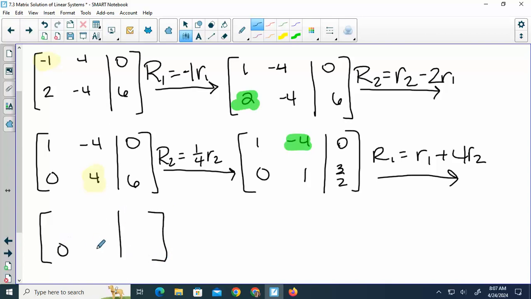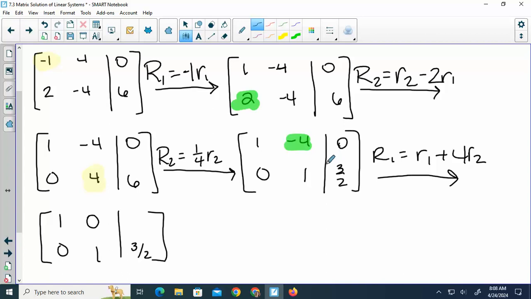So this row stays the same. 1 plus 4 times 0, so 1 plus 0 is still 1. Negative 4 plus 4 times 1, so negative 4 plus 4 is 0. Then 4 times 3 halves.